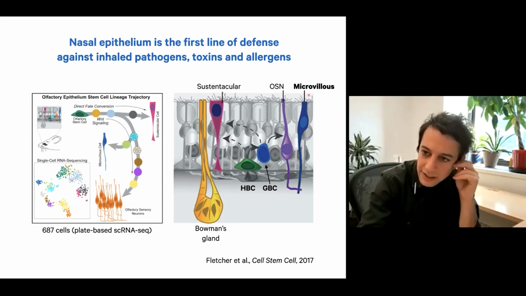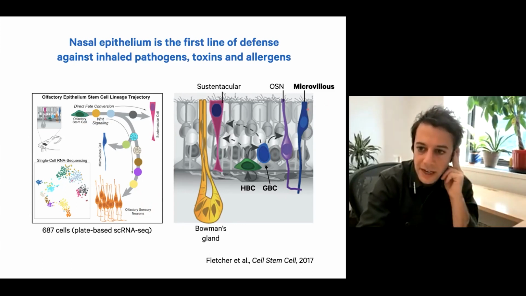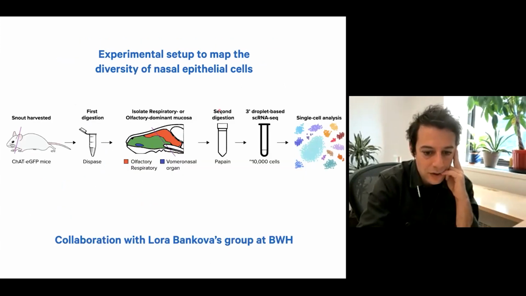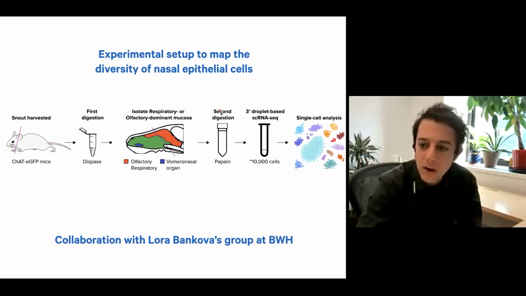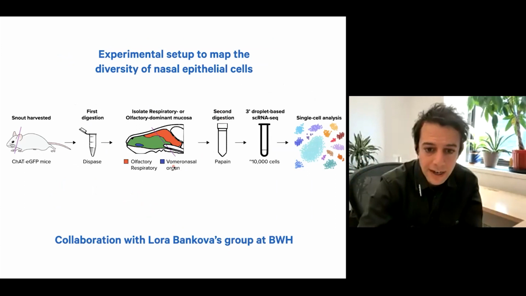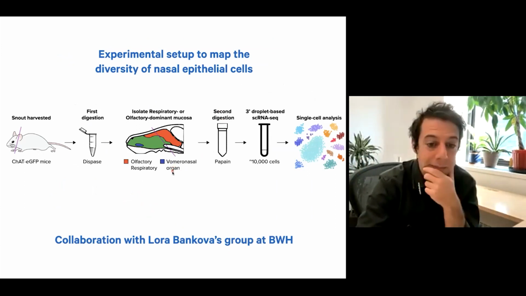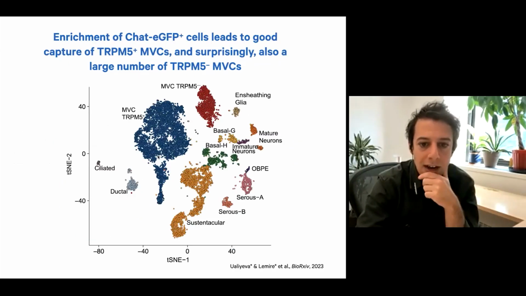And in particular, this microvillus subset was relatively enigmatic. So in collaboration with Laura's group, we wanted to apply some of these single cell approaches to see what we could see and see if we could characterize some of this heterogeneity, particularly these enigmatic microvillus cells.